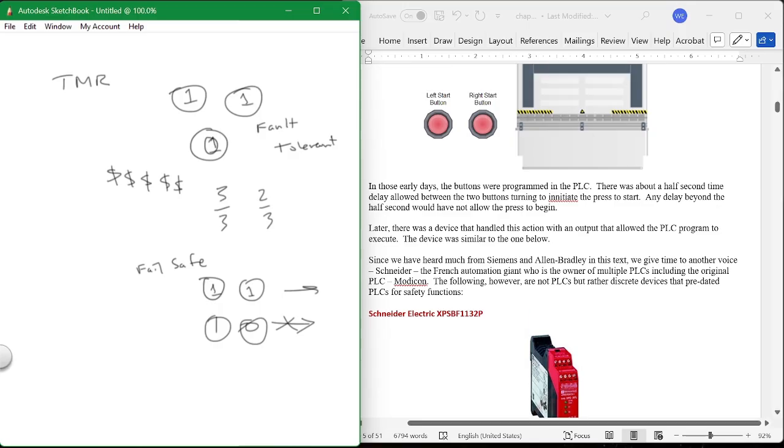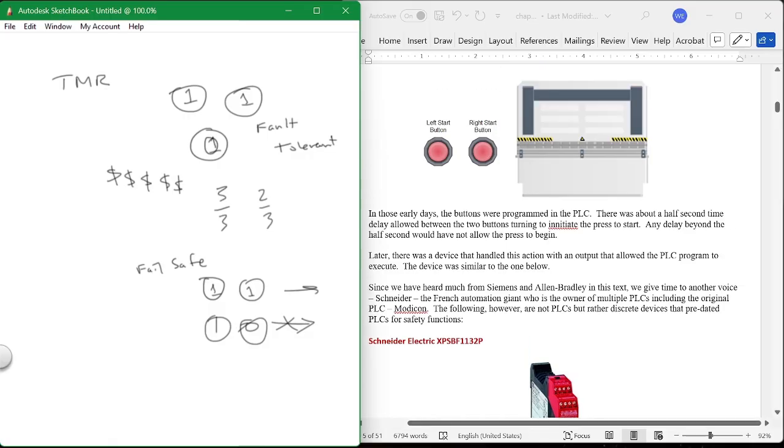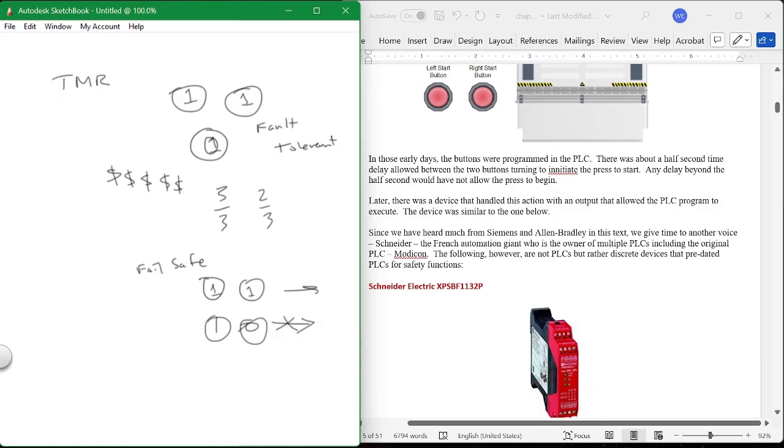So you feed it these signals in, and it has an output that if they both hit within a certain period of time, then you will have an output that will allow the press to come down. Otherwise it won't. So this is a specialty card that would allow the same thing as that program.